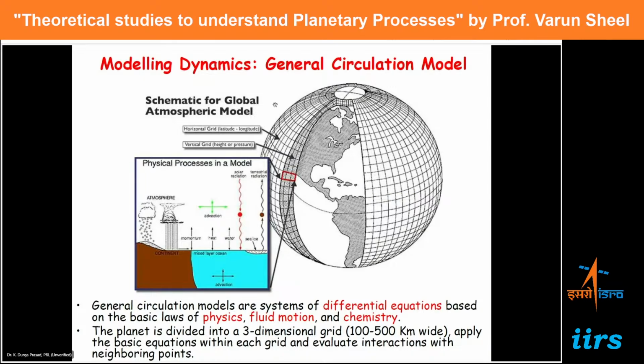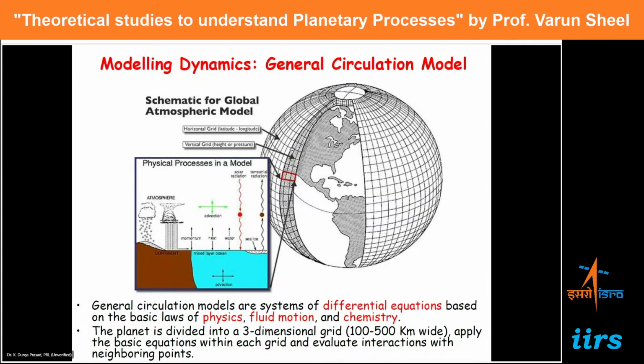3 dimensions. This is a schematic for a global atmospheric model, where based on latitude and longitude, you can have a horizontal grid, and you have a vertical grid based on the pressure. That means what is the altitude we are taking: 5 kilometers, 10 kilometers, 20 kilometers, like that.